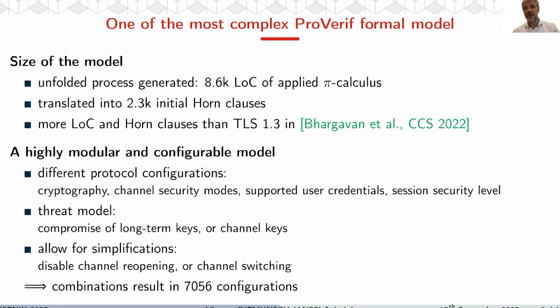It allows to select the supported user credentials, like login and password or certificates, and also the level of session security. Regarding the attacker capabilities, one can choose the kind of key compromises, like known or only long-term keys. We also allowed for simplifications to disable the most demanding features, namely channel reopening and channel switching.